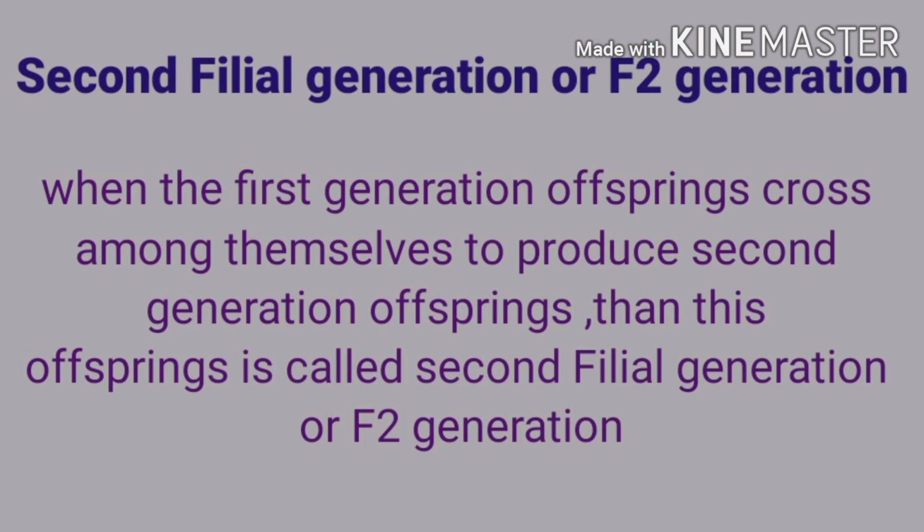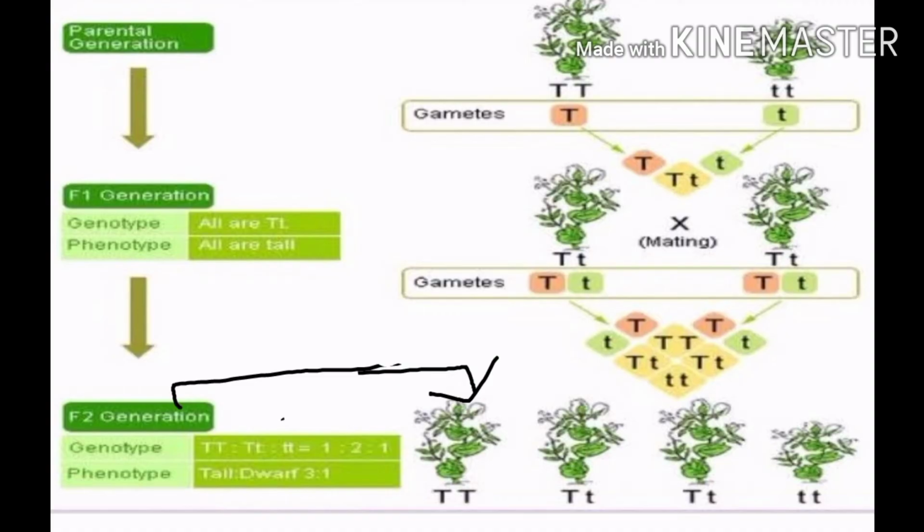Let us now see what is second filial generation or F2 generation. When the first generation offsprings cross among themselves to produce second generation offsprings, then this offspring is called second filial generation or F2 generation. Let us see this figure. In this figure, you can see the F1 generation.